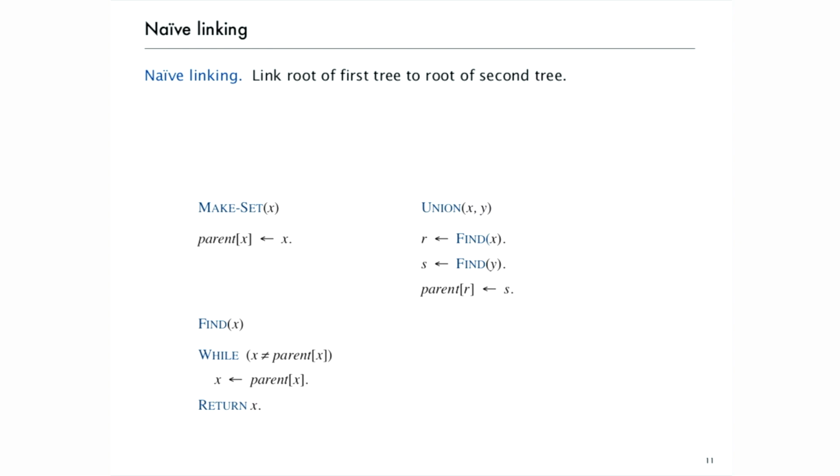And now how do you find X? What do we need to return for find X? I need to return the canonical element, which means I need to return the root. So what should you do? Just take him. If he has a parent, go to him. If that guy also has a parent, go to him. So you go until you find a node who is a parent of itself.